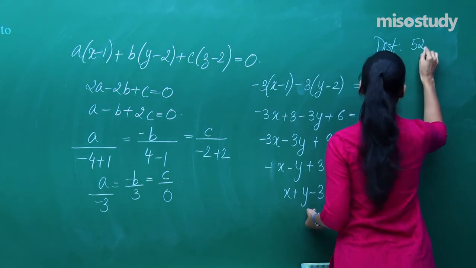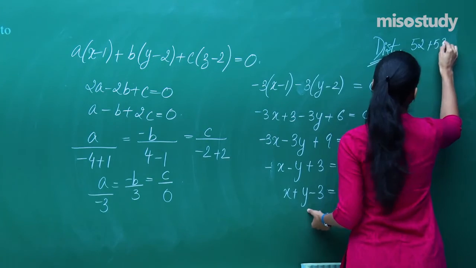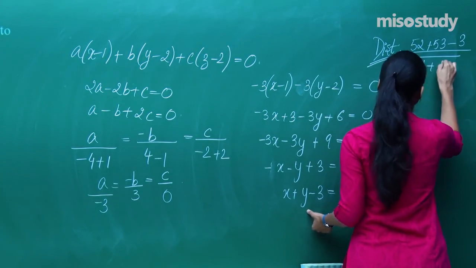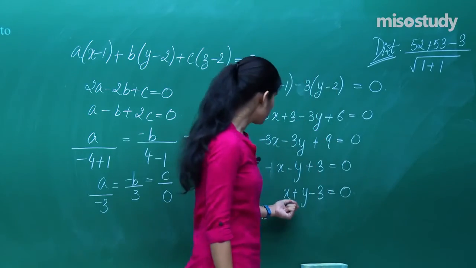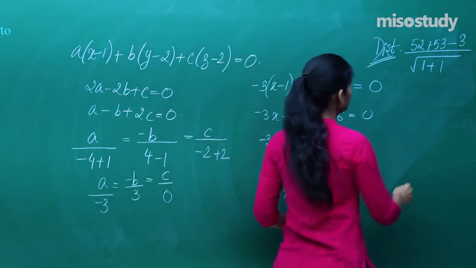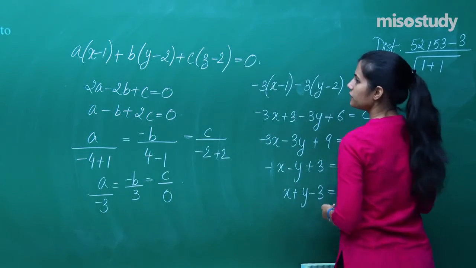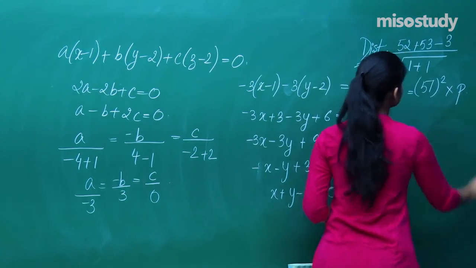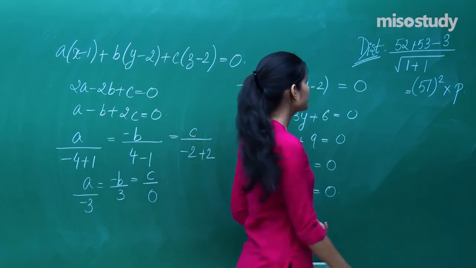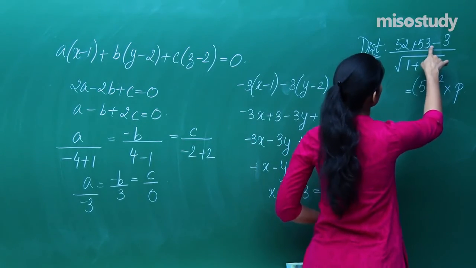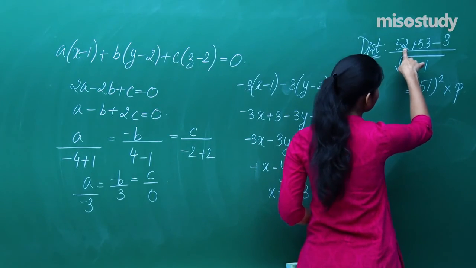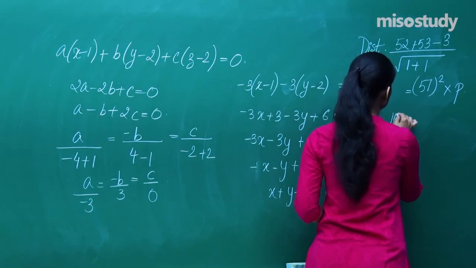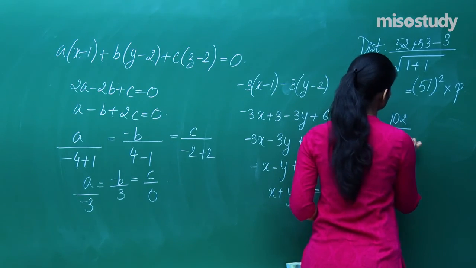So 52 plus 53 minus 3 whole upon root over 1 square plus 1 square. This is given to you as 51 square into P. Let's calculate this. This becomes 3 plus 2 is 5. So this is 105 minus 3, which is 102 upon root 2.